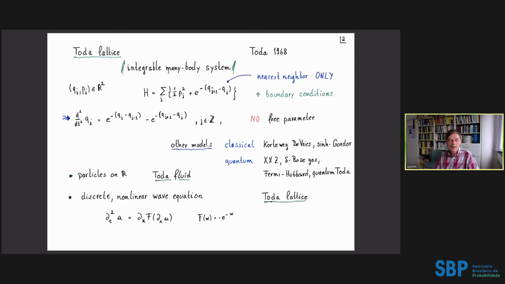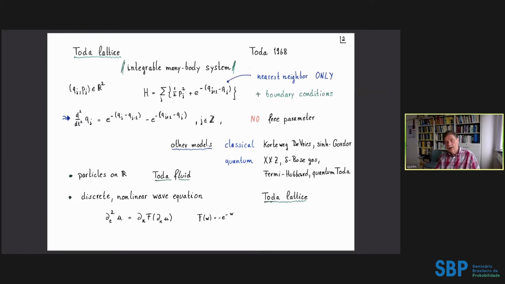Okay, so let me first tell you what the Toda lattice is. You have classical particles. They have a Hamiltonian, which has the usual quadratic kinetic energy, and then there's an interaction, which is not the usual summation over pairs of particles, but only nearest neighbor in the sense that the particles are labeled, and there's an interaction between two particles with neighboring labels.